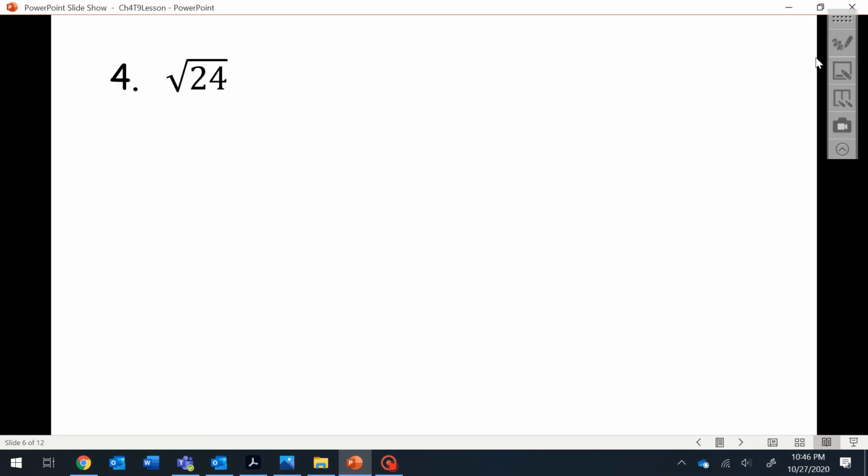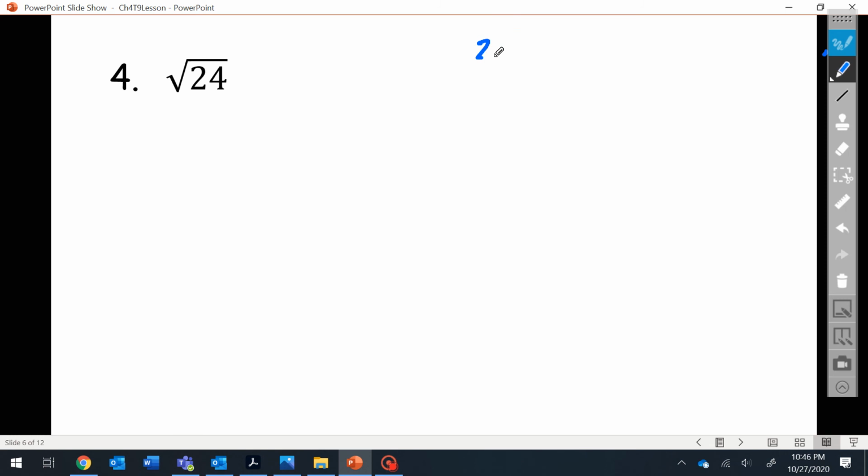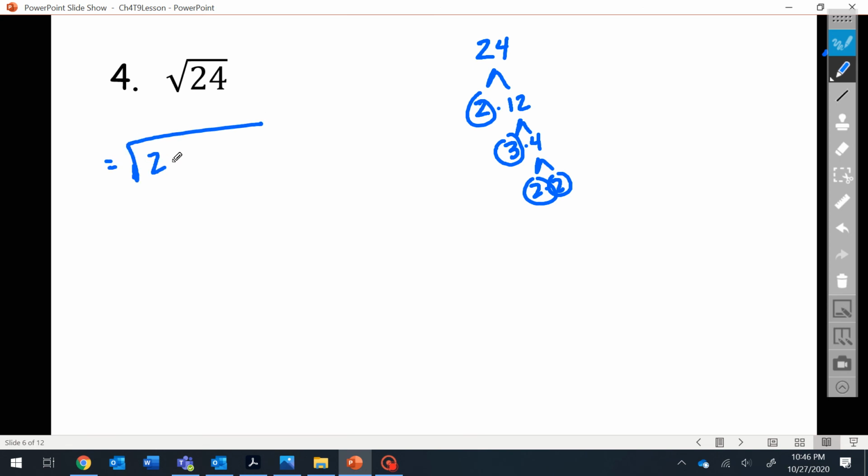What about the square root of 24? Let's break down 24 into all of its factors. 2 times 12, and 12 is 3 times 4, and 4 is 2 times 2. So the square root of 24 can be written as 2 times 3 times 2 times 2.